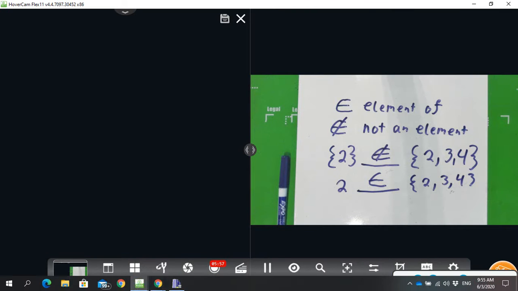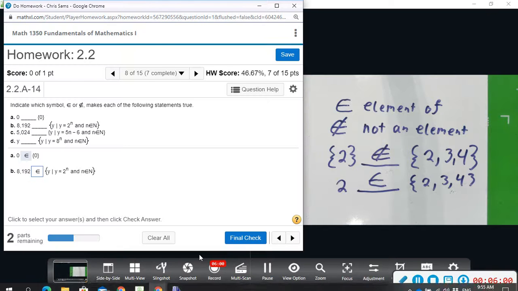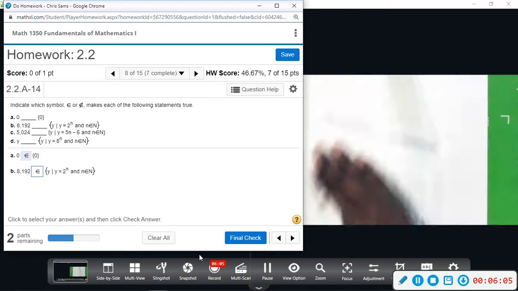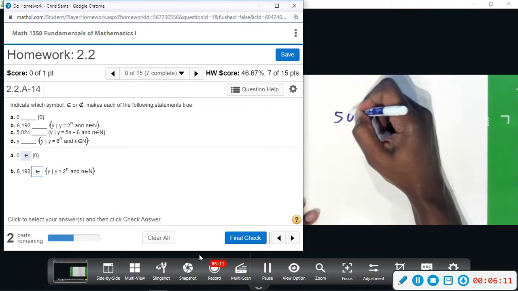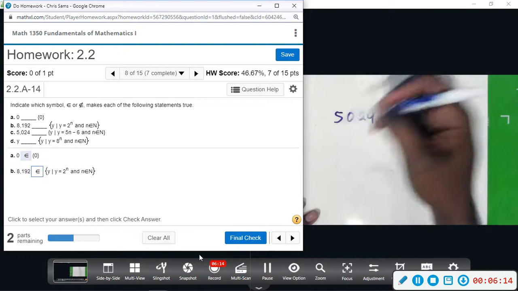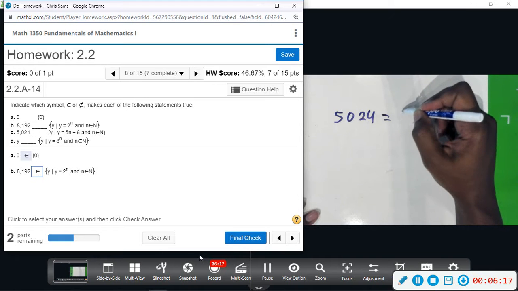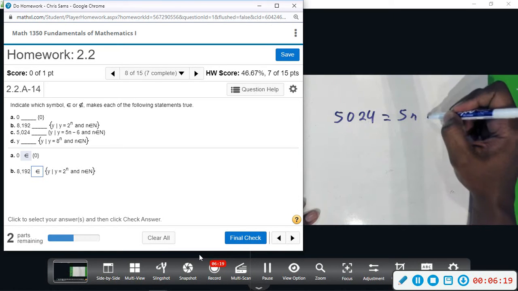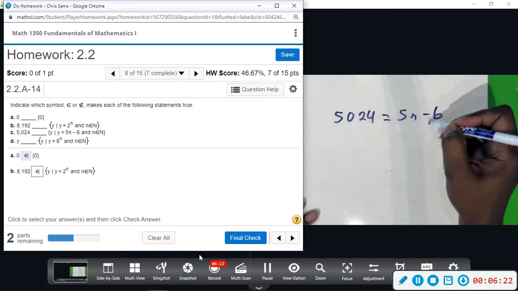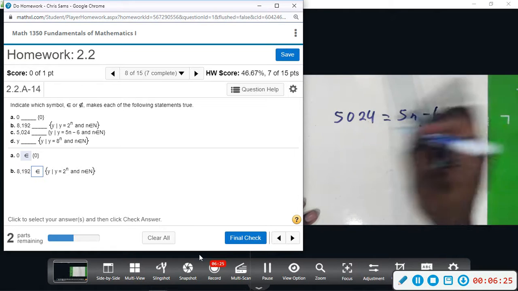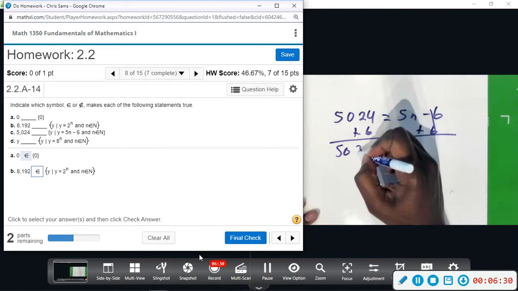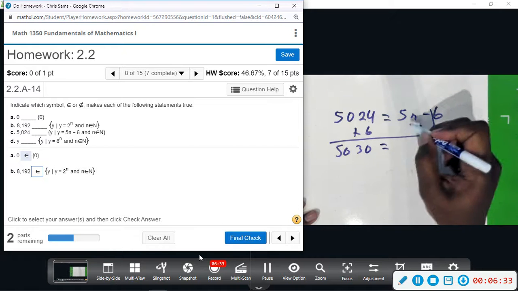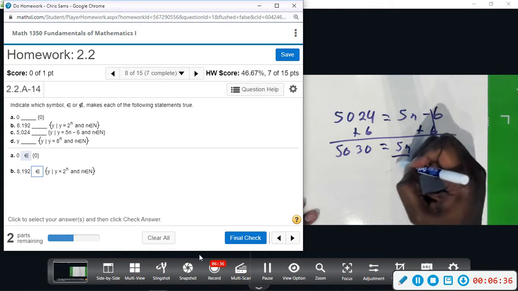So if I were to work this out by hand, which since this is a nicer equation, we can do by hand, I would do it like this: 5,024. That's the y value. We're trying to see if that's y equals this equation: 5n minus 6, and we would just solve it. I would add 6 to both sides, and that would give me 5,030 equals 5n, and then divide by 5.